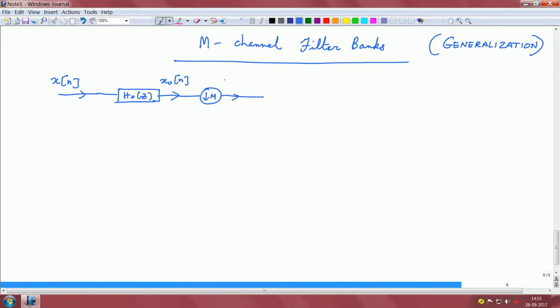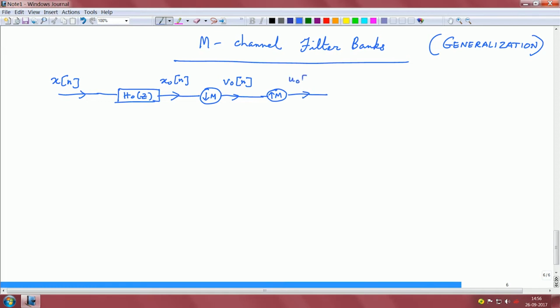Let us say the signal here is v naught of n, and remember at this stage you can do whatever you want for quantization, compression, etc. But if you did not do any quantization and compression, we will just feed this signal to an upsampler by m.